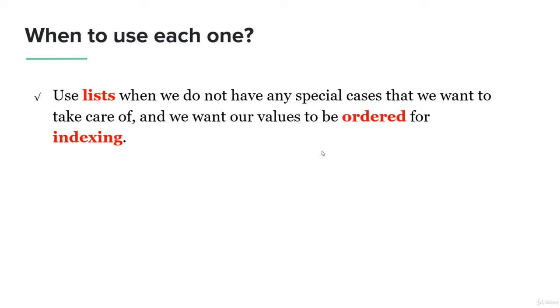We just want a container for the objects, values, or variables we have, and we need these values ordered, maybe even sorted, because we have a sort function in the list as we saw. We also need them for indexing, so it should be easy to access the elements of the list. So we use the list if we need a container that matches these criteria.